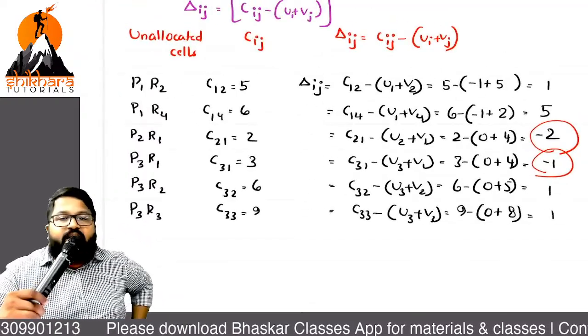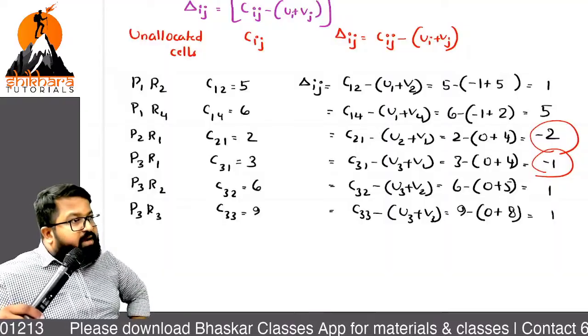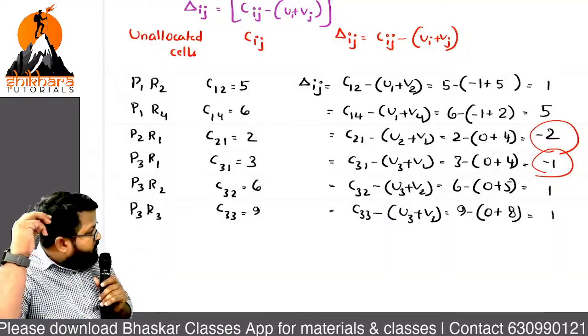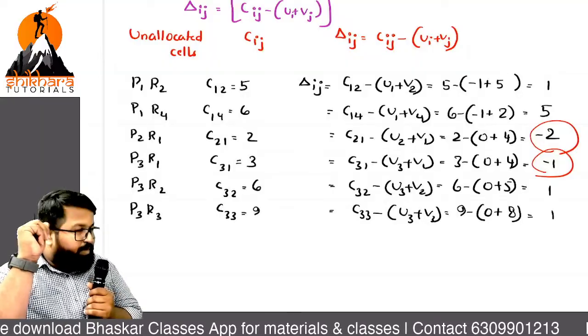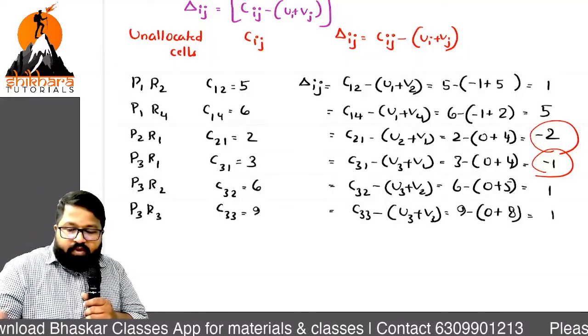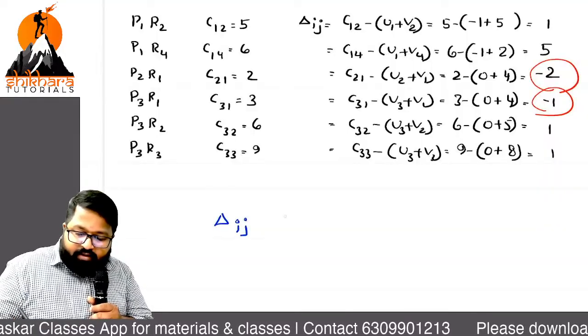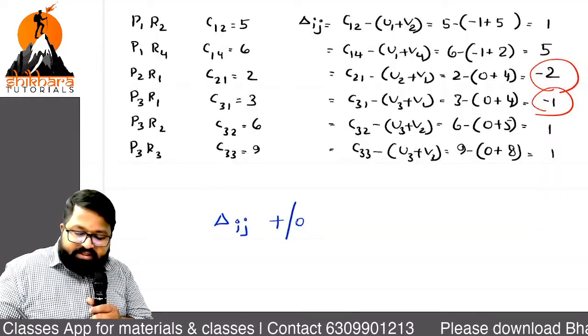So till here it is done by everyone simultaneously. If it is done till here, what is the basic rule we have gone through? Delta Ij should be either positive or 0.